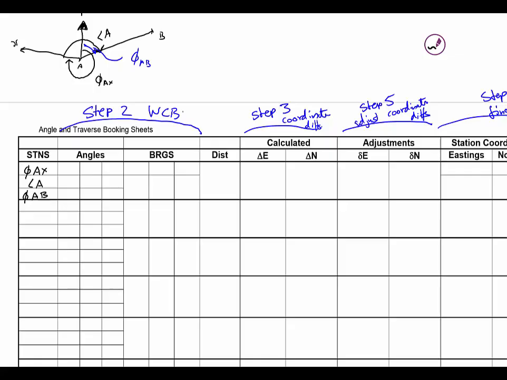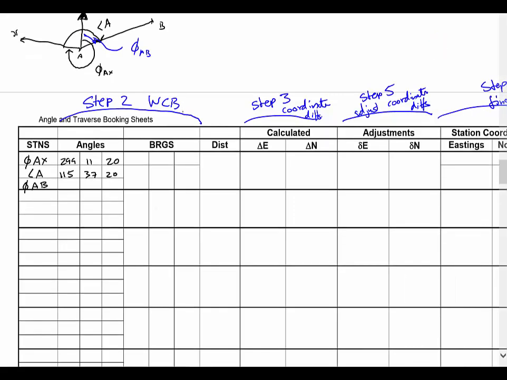So we know AX is given, we've got 299, 11, 20. Then we've got 115, 37, 20 as the internal angle at A. We can work out the whole circle bearing of AB by just adding these two together. So we add those two together and we get 54, 48, 40.